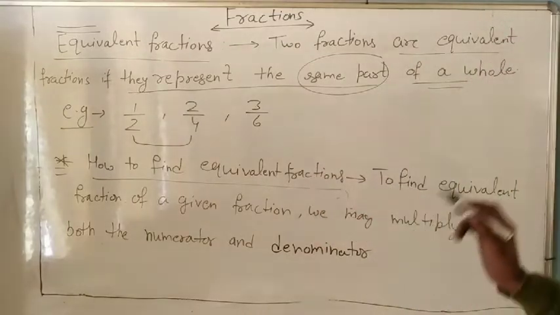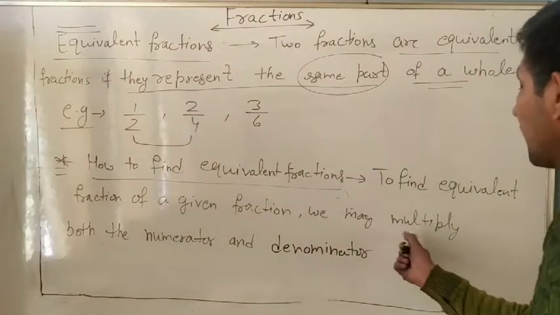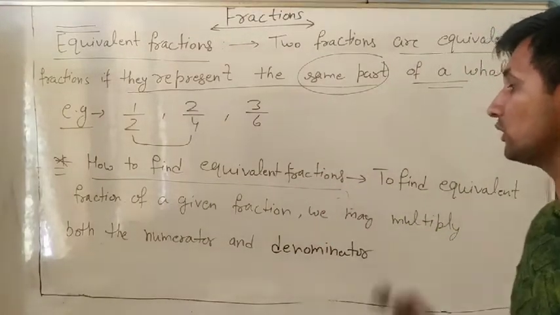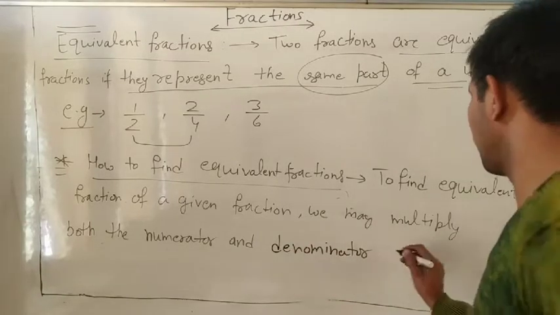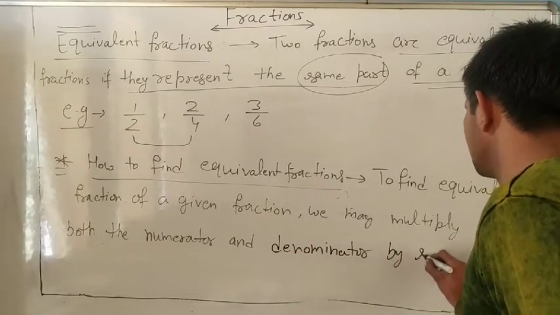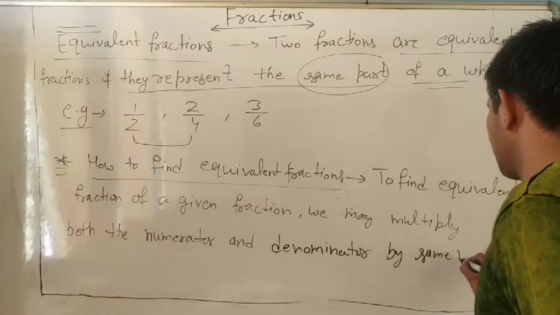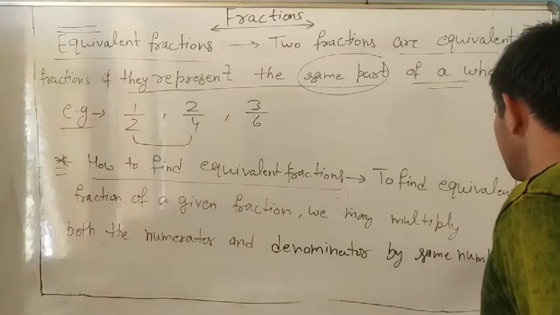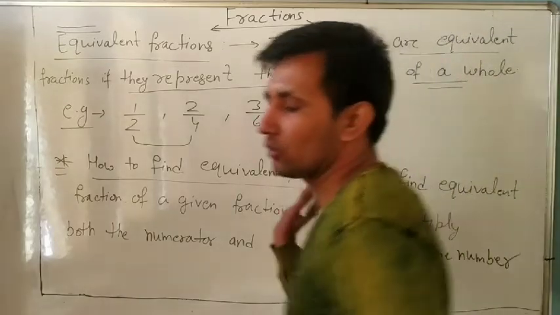If we want to find the equivalent fraction, we may multiply both the numerator and denominator by the same number.